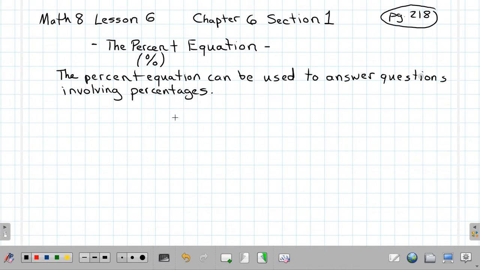Okay. And in words, the percent equation tells us, okay, and I'm going to use variables here.